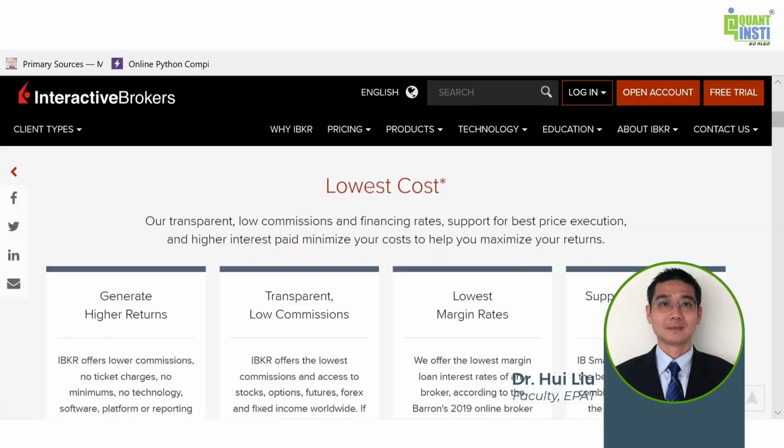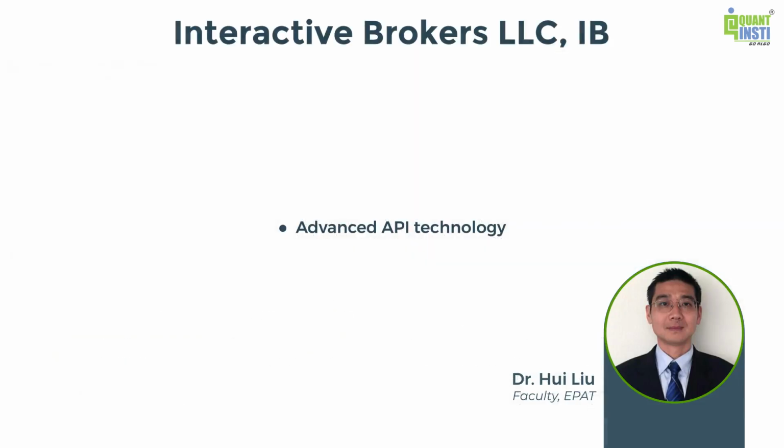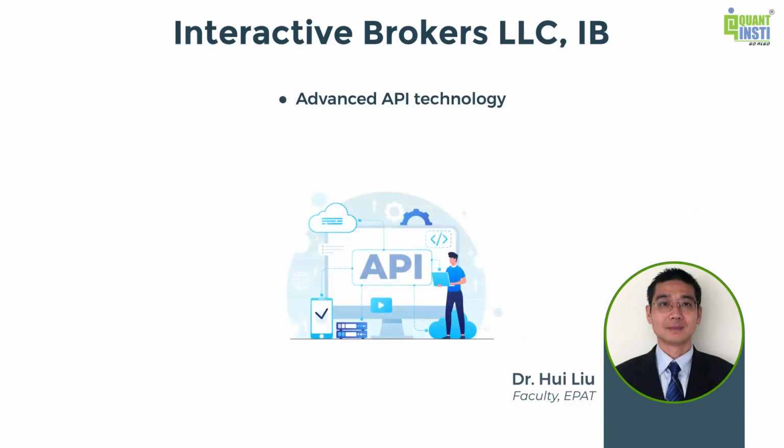Based on my personal experience, the advantage of IB that is most important to myself is advanced API technology. API stands for application program interface, which enables traders to do trading using API.